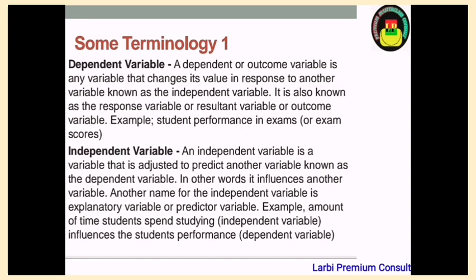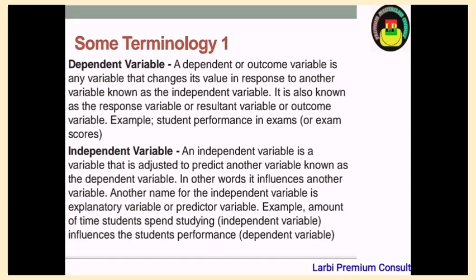So for example, taking the performance of a student and their learning habits, you can see that when a particular student learns at a very high rate, all things being equal, we expect that his performance will increase in, let's say, a statistics exam paper.